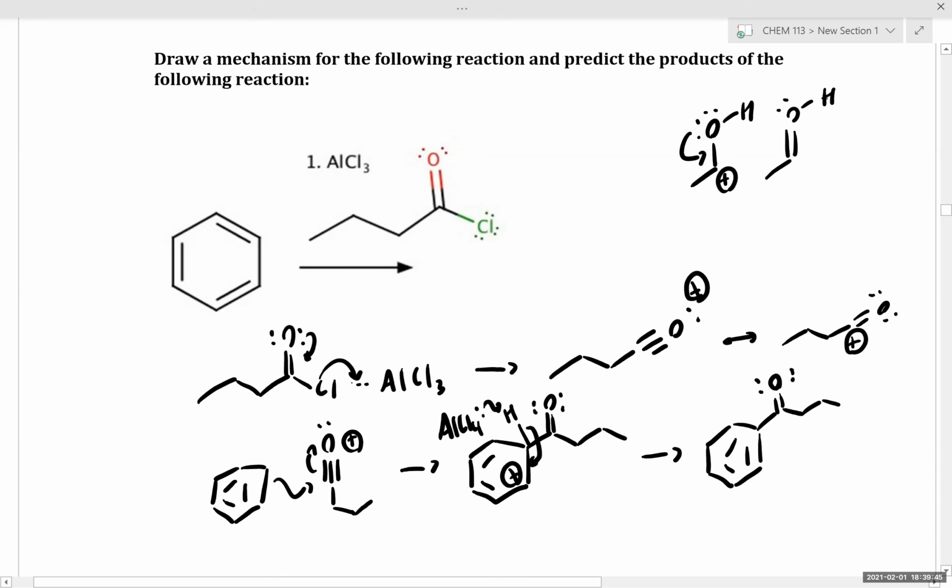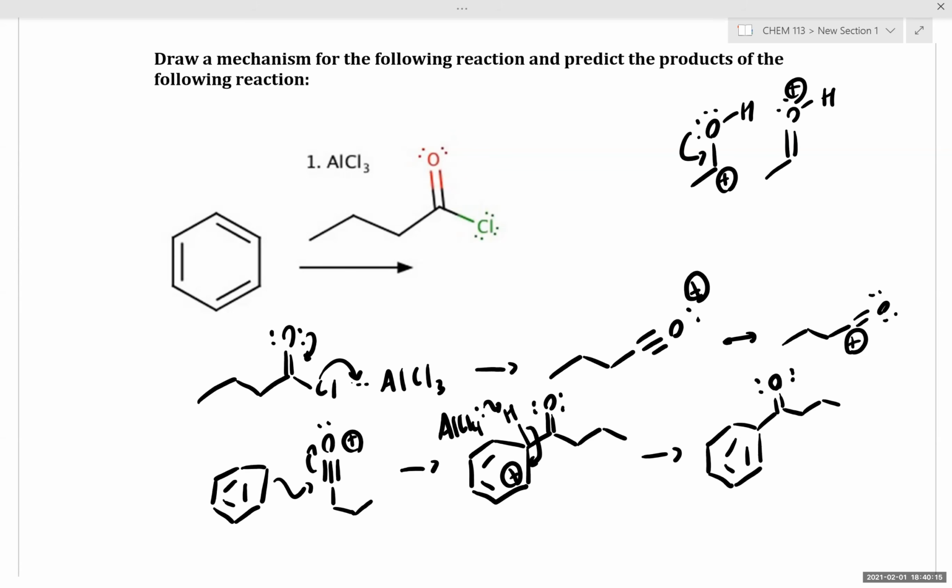And even though oxygen is electronegative, the donation of electron density from an adjacent atom with a lone pair will inherently stabilize your carbocation and reduce its electron deficient character. So when you're drawing out the actual reactive species, yes, it's an acylium ion.